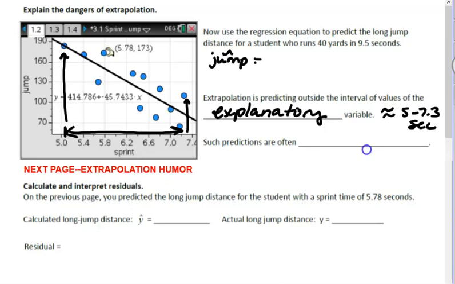So the jump is equal to 414.786 minus 45.743 times 9.5. Well, just looking at the line, what do you think might happen?